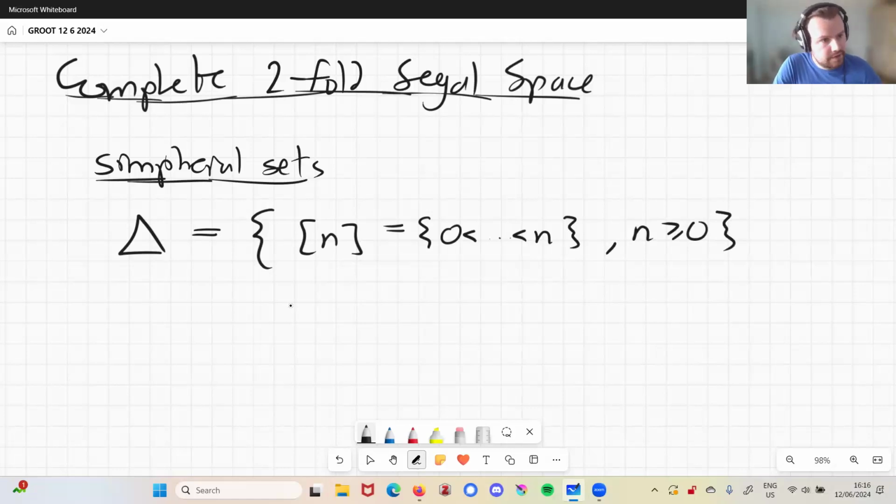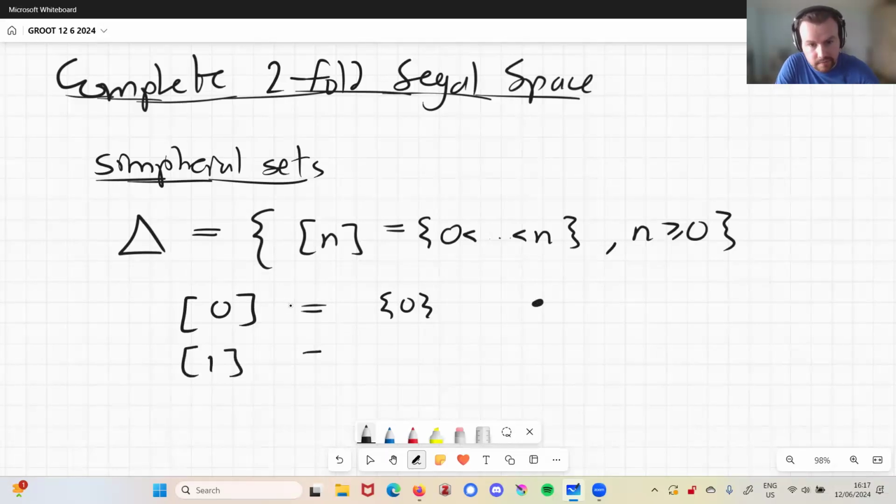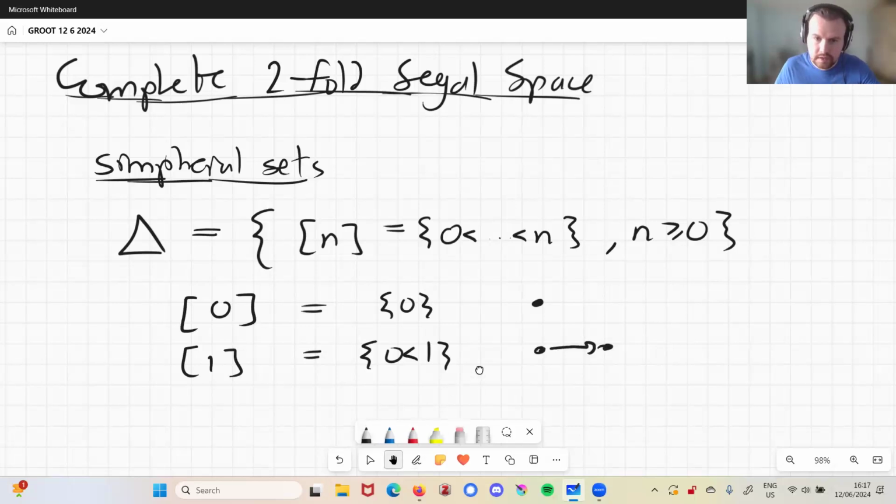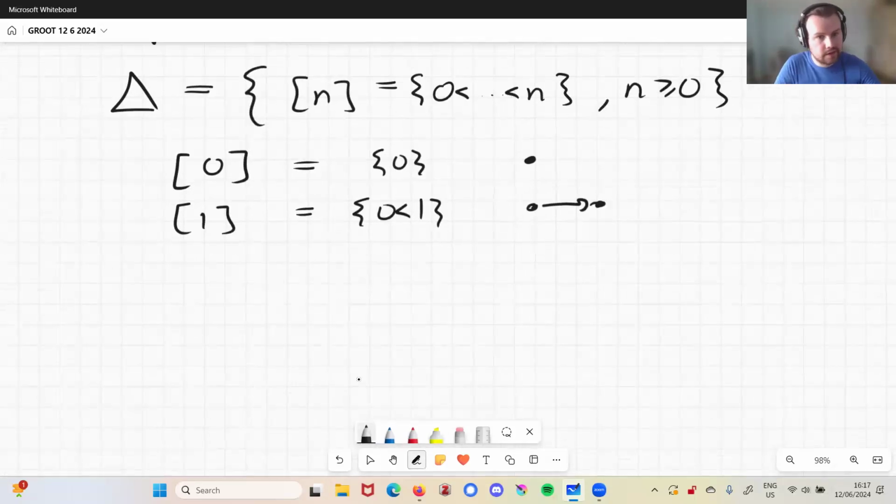Okay. So what are these elements and how should we interpret them? Well, we're going to interpret each of these as oriented tetrahedra or triangles in higher dimensions. The idea is that level 0 just has a single element, and we're going to interpret that as a single point. When you look at 1, we have 0 is less than 1, and we'll interpret this as 2 points and the less than relation as an arrow between them. The ordering gives us an order on these arrows and such.